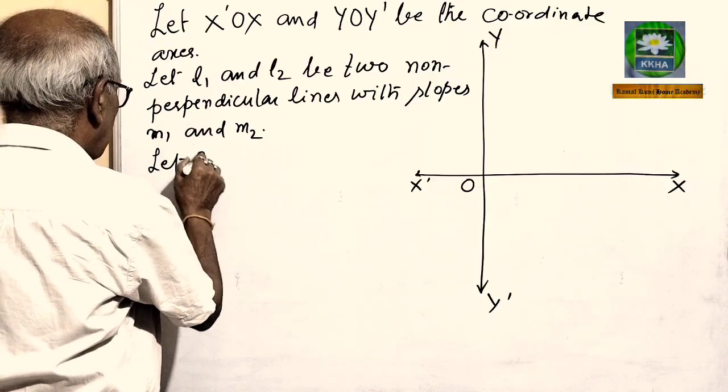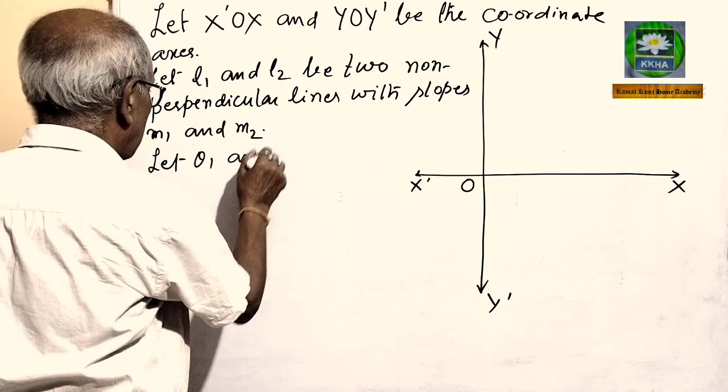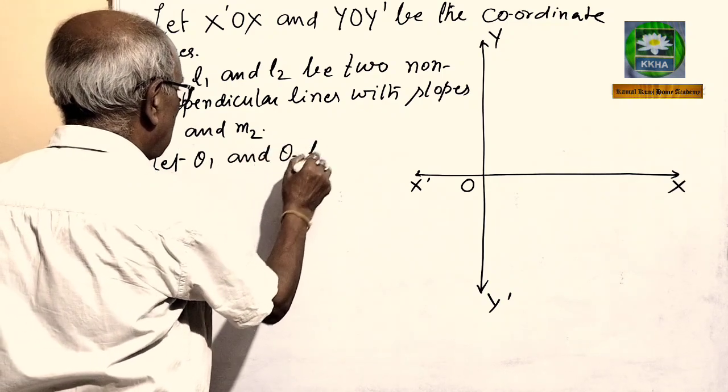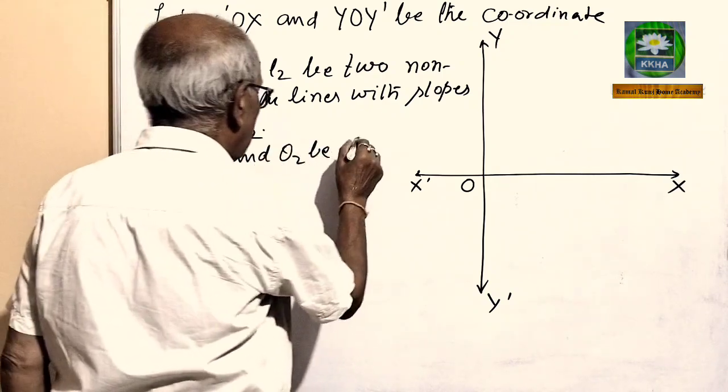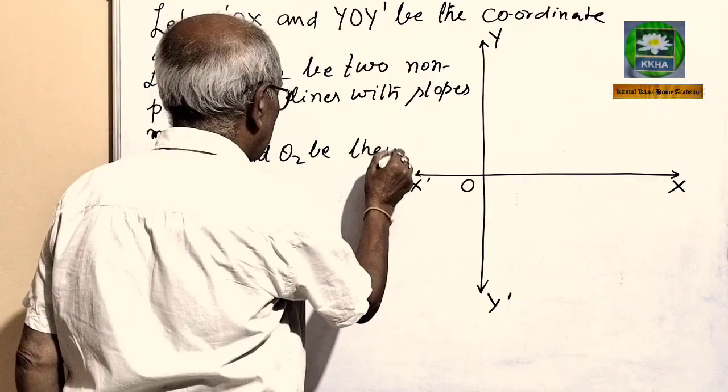Let theta 1 and theta 2 be their inclinations.